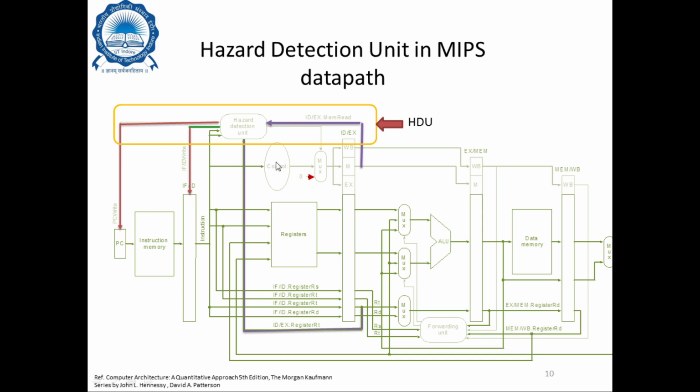So we have a controller whose output goes into the multiplexer along with a 0 control signal, and this multiplexer is controlled by the output of the HDU as a select line. The select line becomes activated for the 0 input in case we need to do a stalling process.